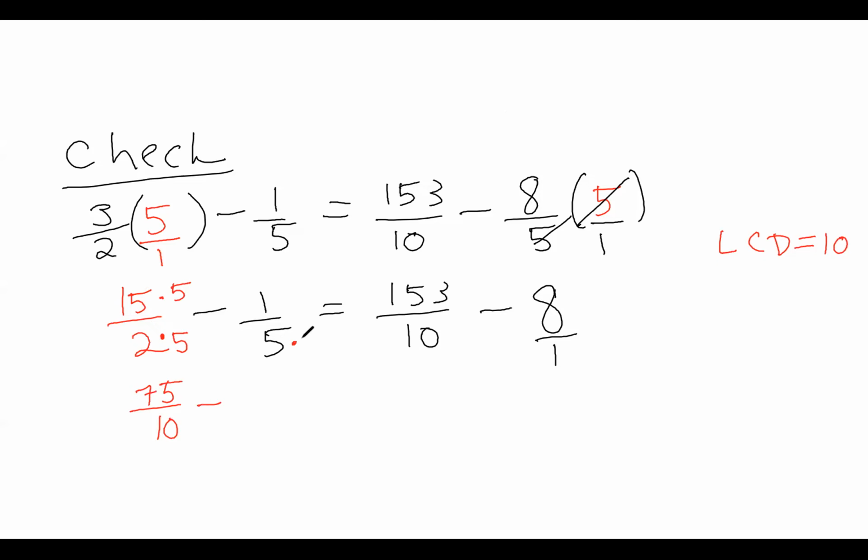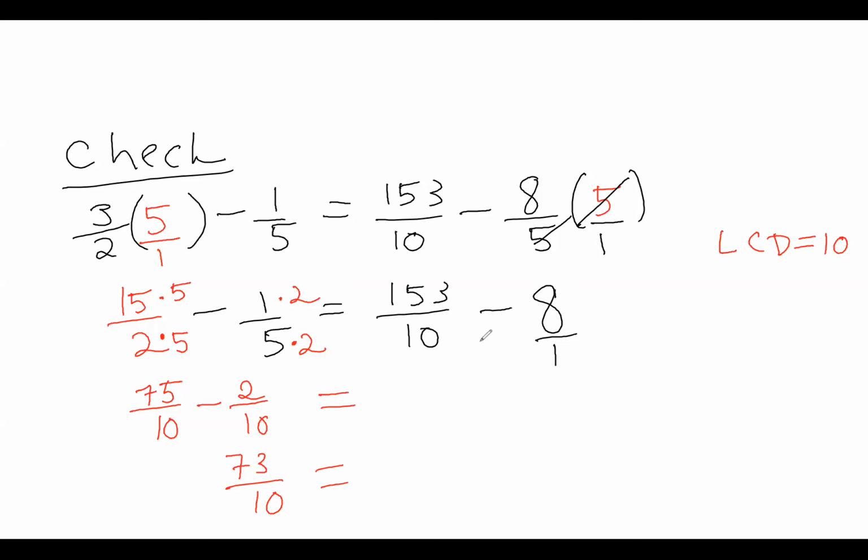Let's see, 5 times 2 is 10. So 1 times 2 is 2. So I have 2 over 10. So 75 tenths minus 2 tenths, that's 73 tenths. All right. Good. Now, on the other side, the right side, 153 tenths minus 8 over 1.